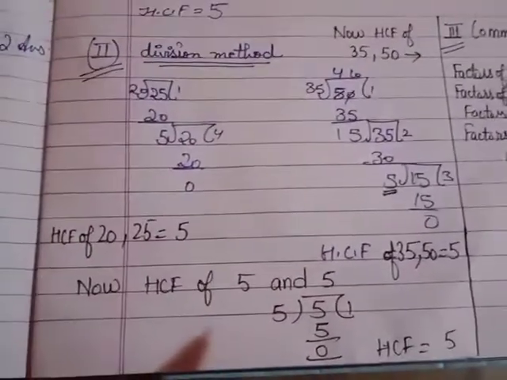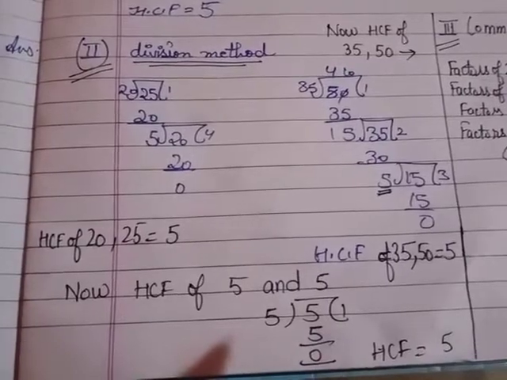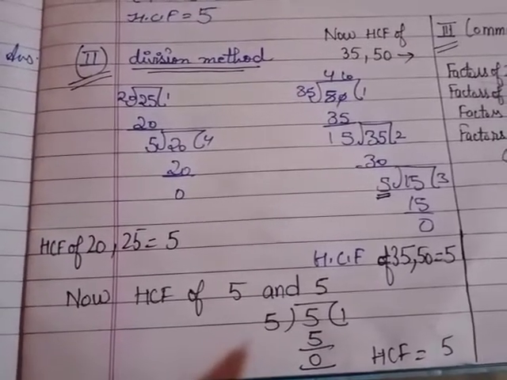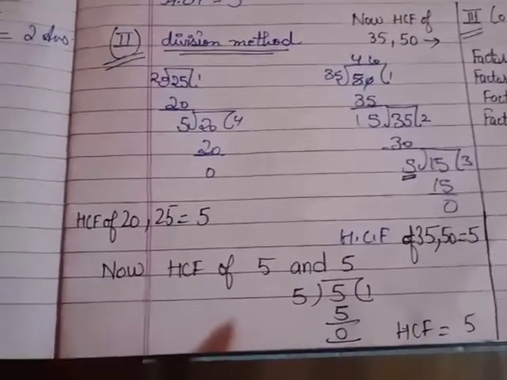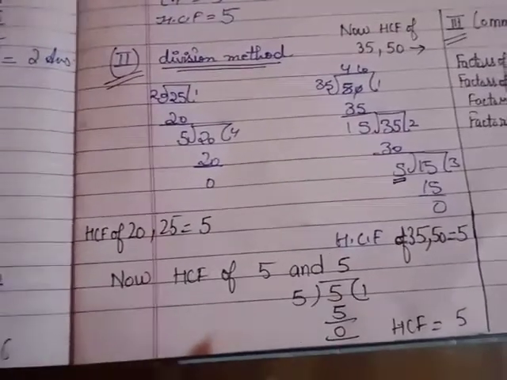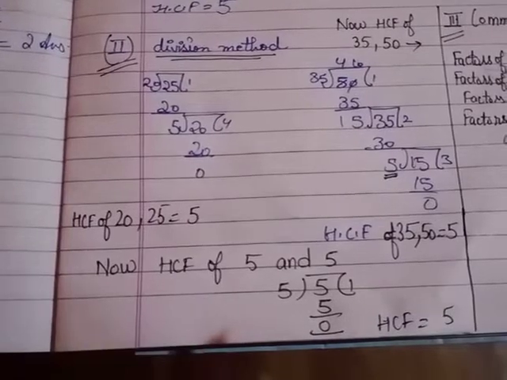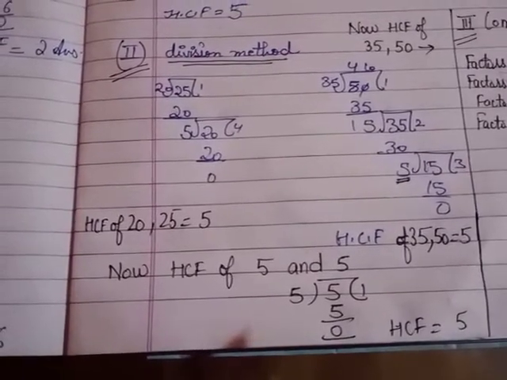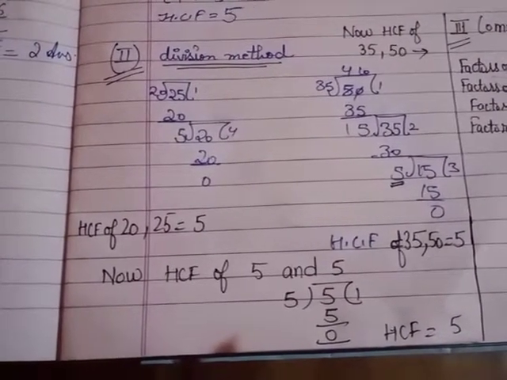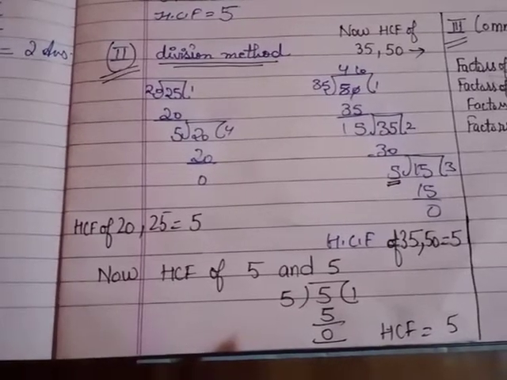Now come to the second method that you have also done in the previous video. Just have a look at this division method. We are given 4 numbers, so you will make pairs of 2 numbers and find the HCF of 2 numbers first. Then you will find the HCF of both the results. I am finding the HCF of first 20 and 25.